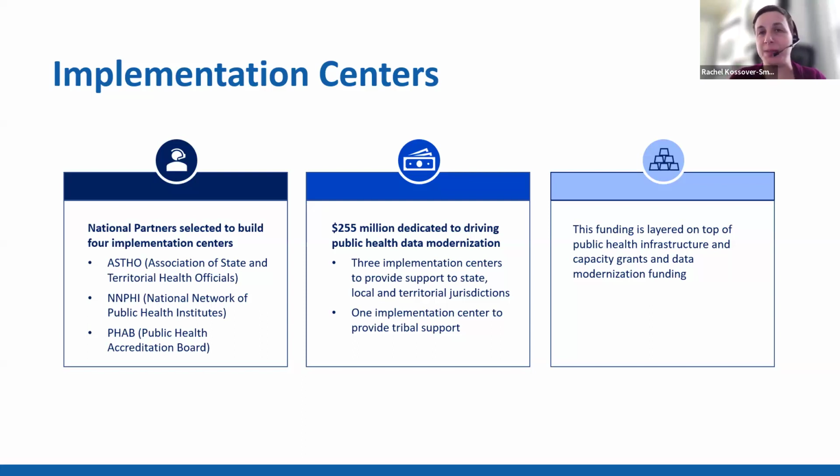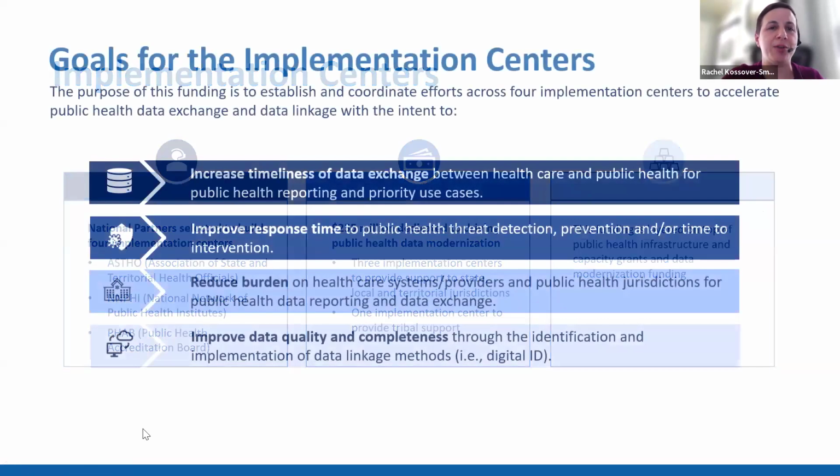They have been given specific dollars to set up implementation centers that are really going to help drive public health data modernization. There are going to be 3 implementation centers set up for supporting state, local, and territory jurisdictions, and 1 that is specifically going to be supporting tribes in public health data modernization efforts. And this is additional funding that's layered on top of other funding that is already out for capacity grants and data modernization that CDC has already put out.